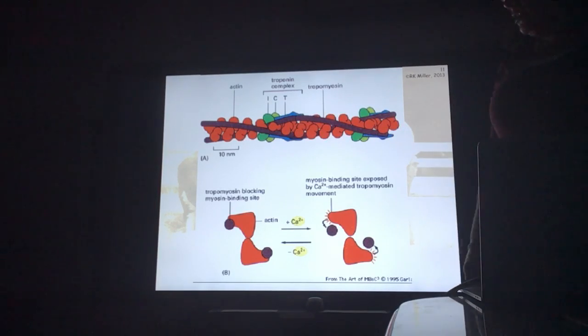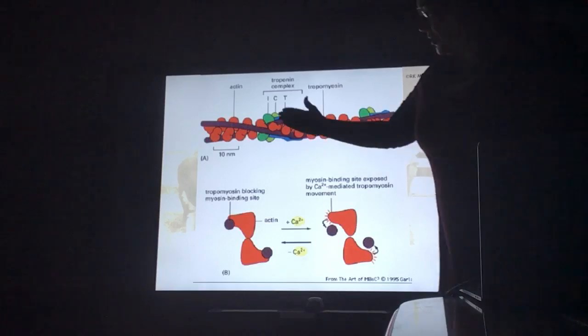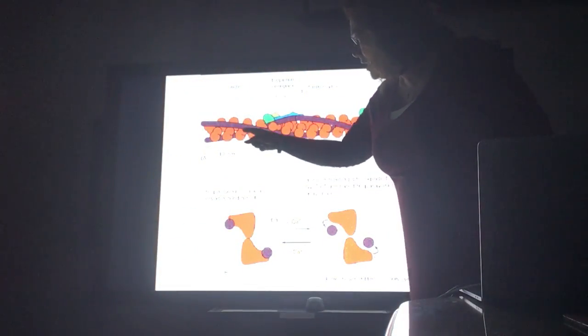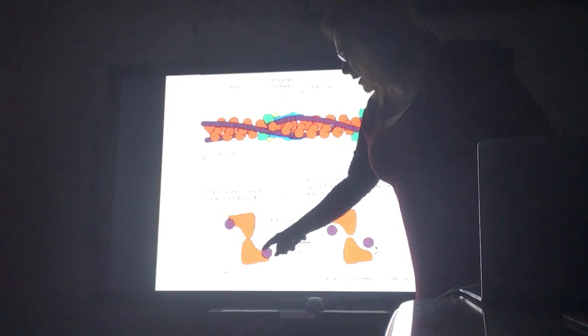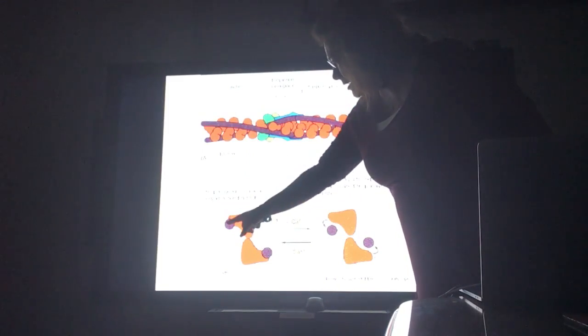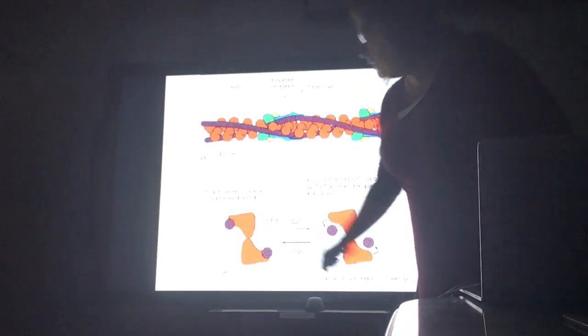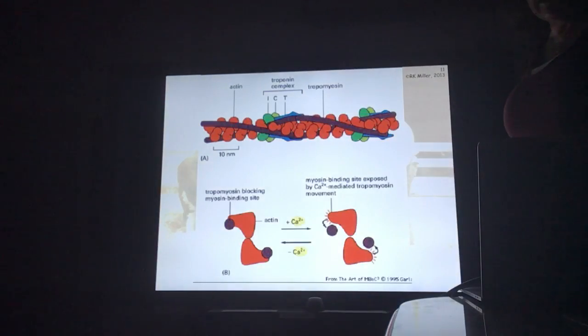And remember tropomyosin, and this is a cross section down here, showing each G actin. This is a cross section of it, and this is a cross section of a troponin. And see how it's sitting in the myosin binding site.